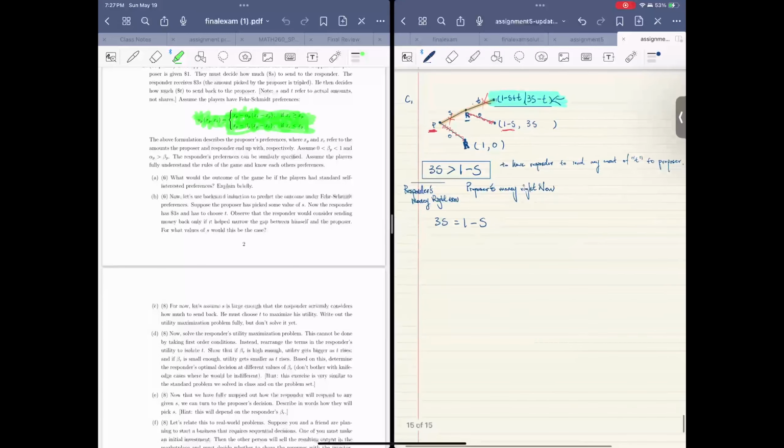Okay. Now, where are we? We need to write out the utility maximization problem fully, but not solve it yet.